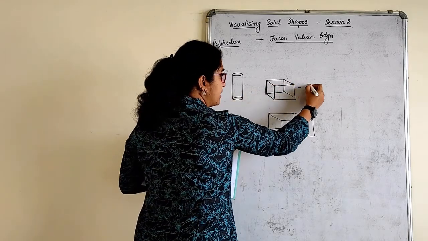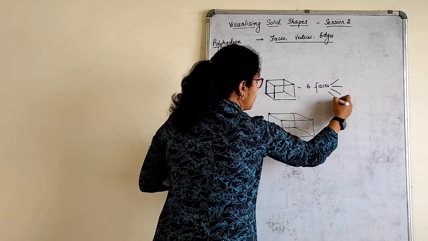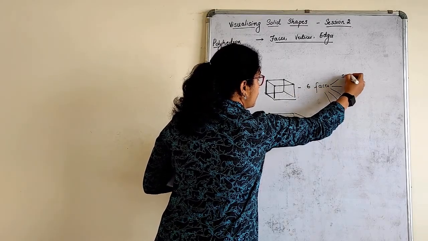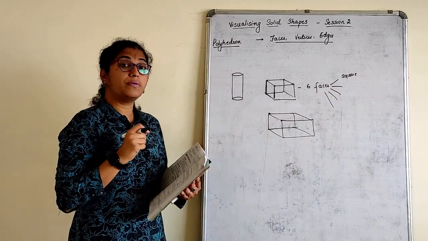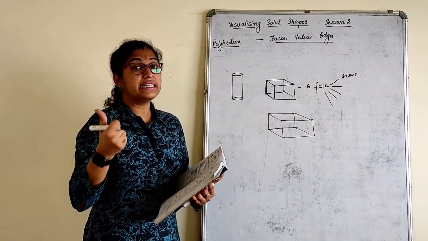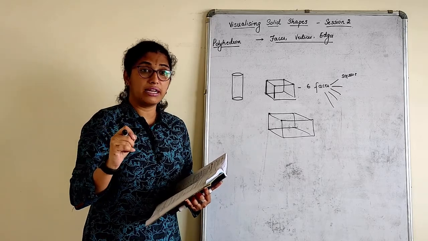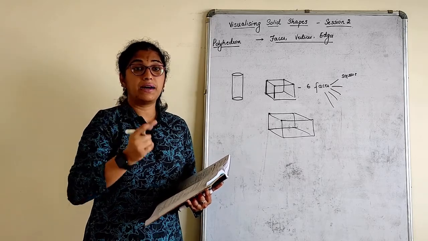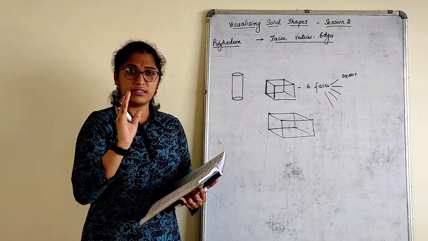It has a total of 6 faces, and each face is a square. So a cube has 6 square faces. That means the cube is a polyhedron bounded by 6 polygonal faces.